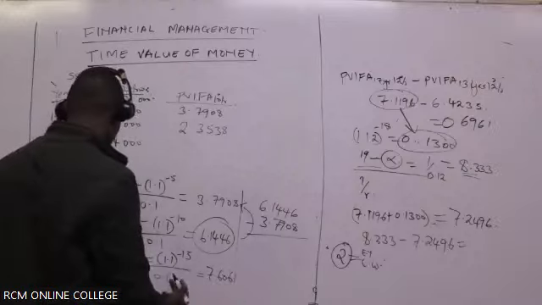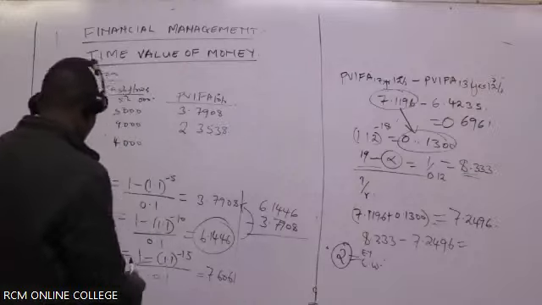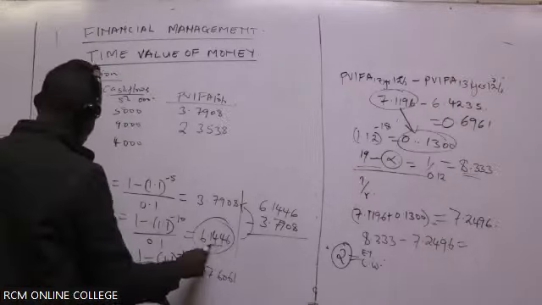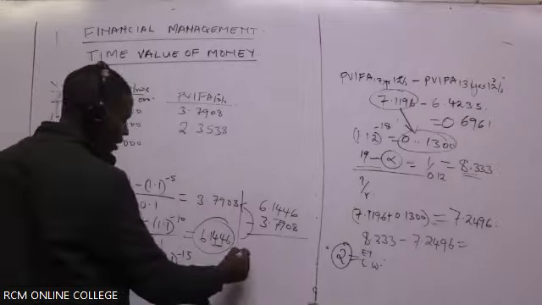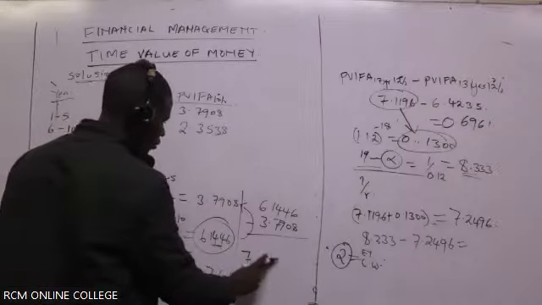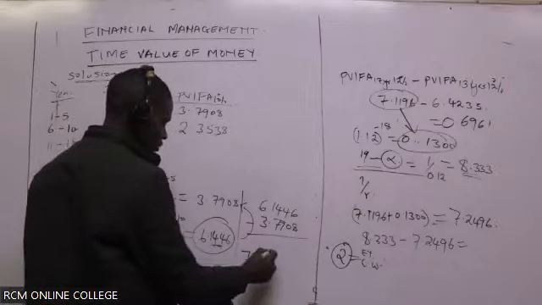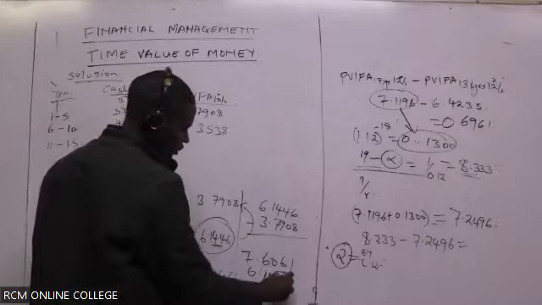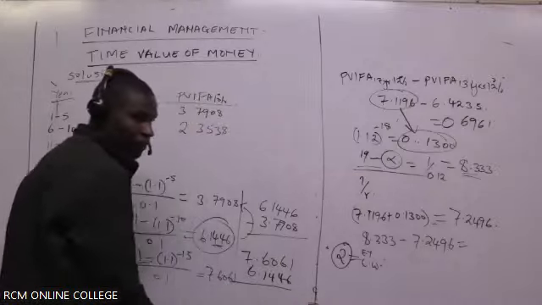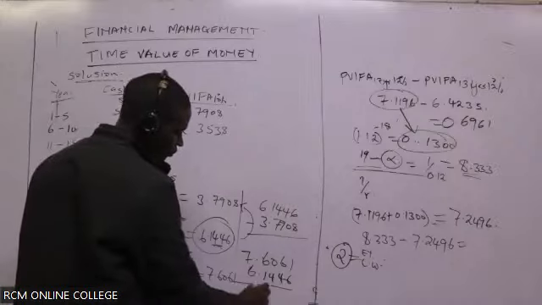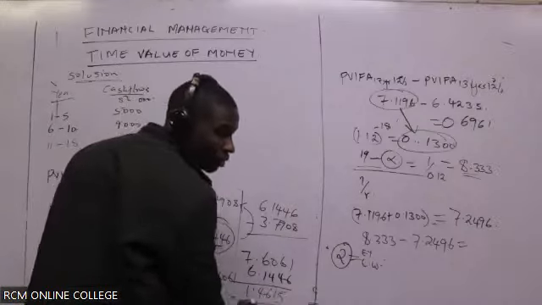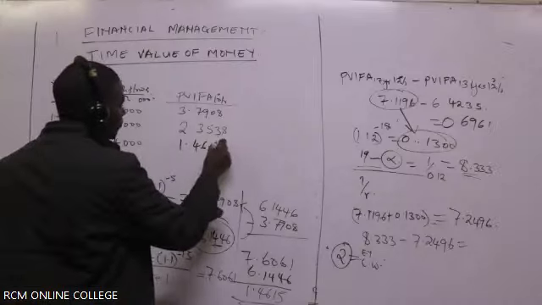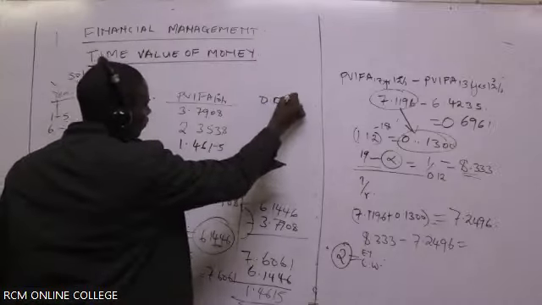Since I want 11 to 15, I will subtract that of 10 years. So it will be 7.6061 minus 6.1446. That gives me 1.4615.